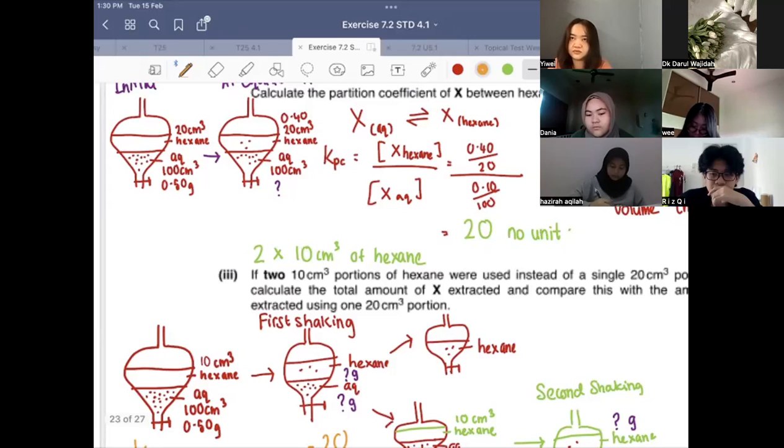If you're wondering what this is, it is mass over volume. And then you just sub in the expression y over 10 divided by, which turns out to be times 100 over 0.5 minus y equals 20.